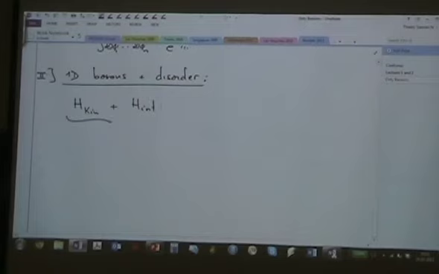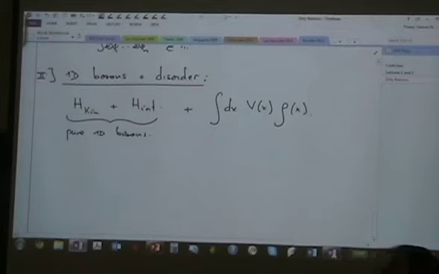So that's my pure 1D bosons. And then I want to add a disorder, which is the sum over dx of my potential V of x times rho of x, where rho is the density of the bosons.